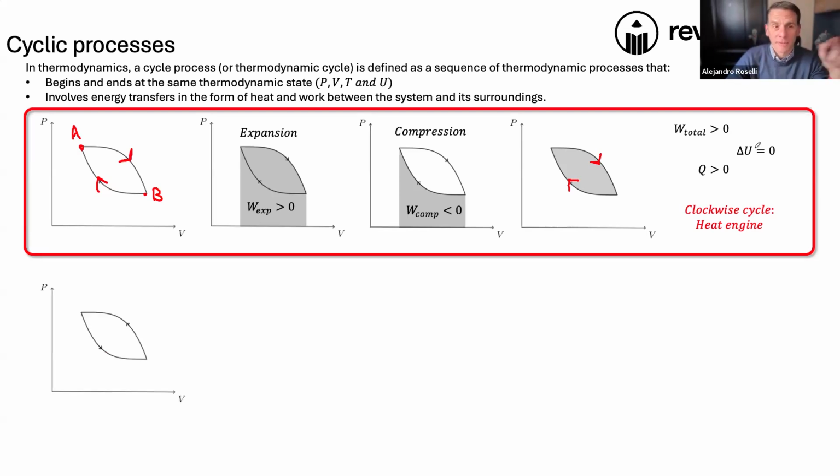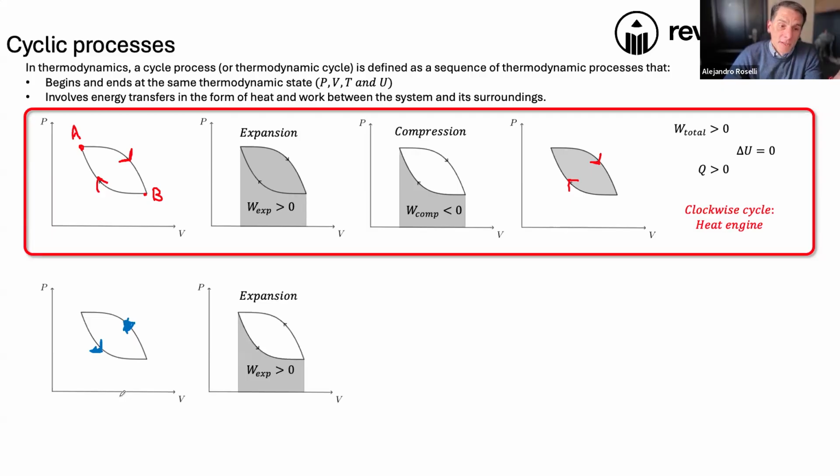Of course, the opposite will happen if we go in the opposite direction. Let's go quickly through this. Okay, if we now go anti-clockwise, the situation will be just reversed, of course.